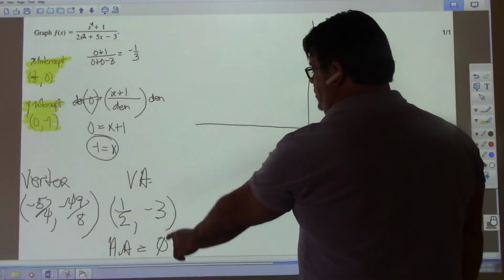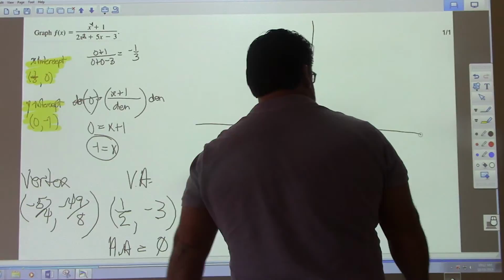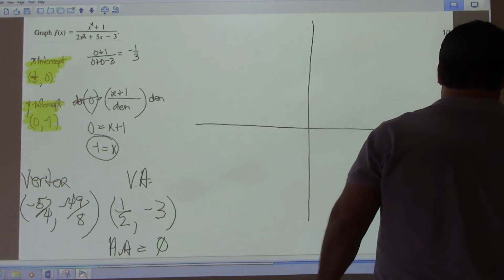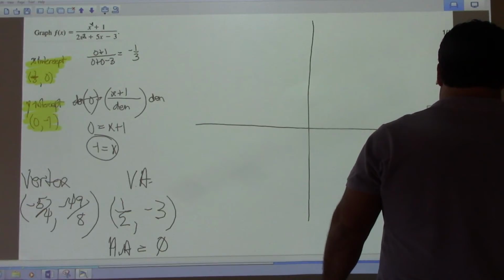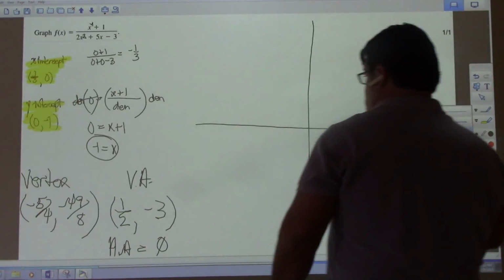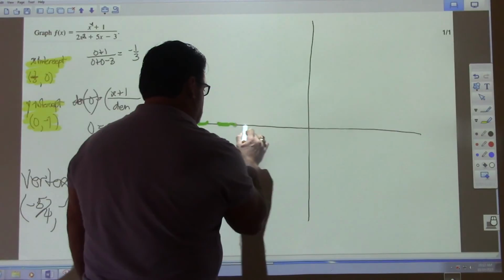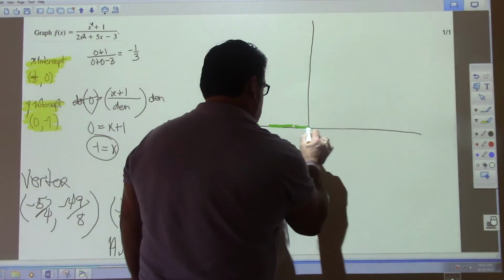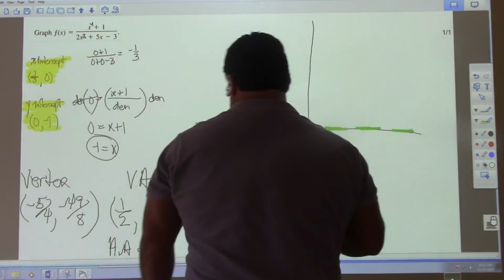Now we know our horizontal asymptote is 0, so that means that's the what axis? The x-axis, Hubert. That's right, class. So here is your horizontal asymptote.